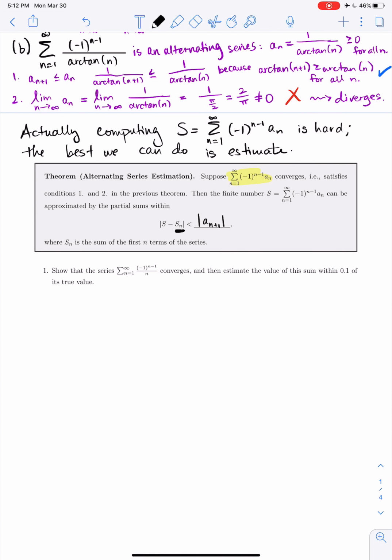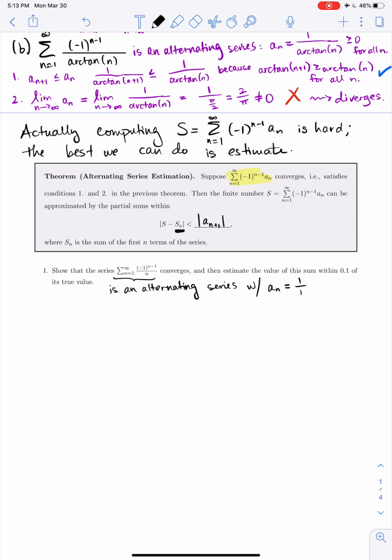Okay, so first off, I just want us to verify that this is an alternating series. Why is it an alternating series? Well, it has the -1 to the n minus first power. That's great. It is an alternating series, but we need to verify that the base sequence that's being multiplied by positive or -1 is always positive.